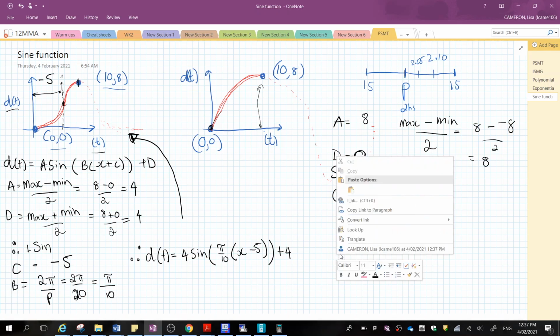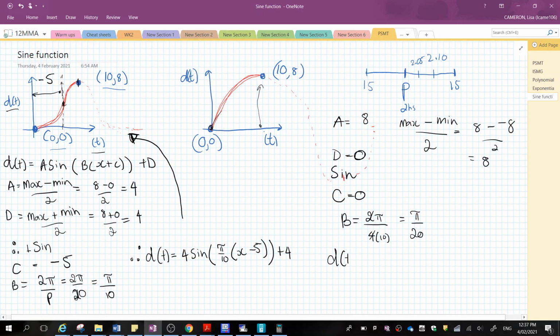So to write that as our correct formula now, dt is equal to 8 sine pi over 20, bracket, x, bracket, and we don't need to put plus d on the end because d is 0. And that is how you generate your sine function.